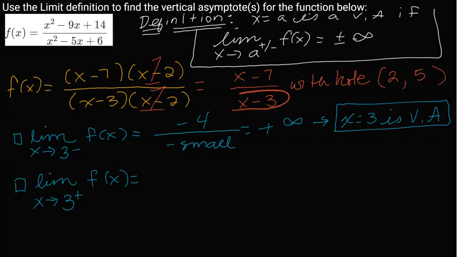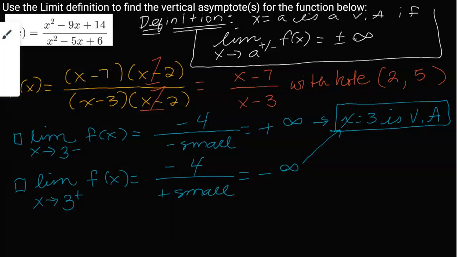A little bit bigger than 3, minus 3, is going to be a positive small number. And then the numerator will stay roughly negative 4. Then negative 4 divided by positive small is going to be negative infinity. Okay, so then again, we would say x equals 3 is a vertical asymptote.